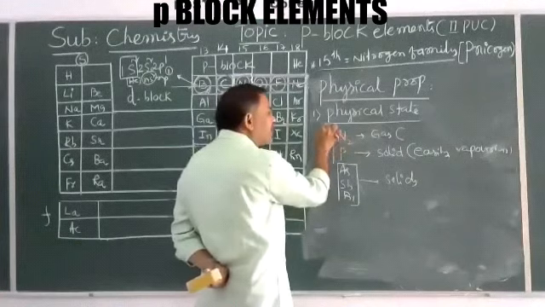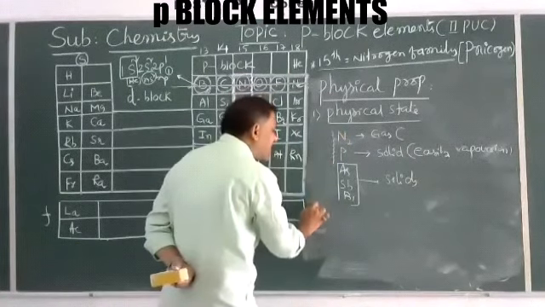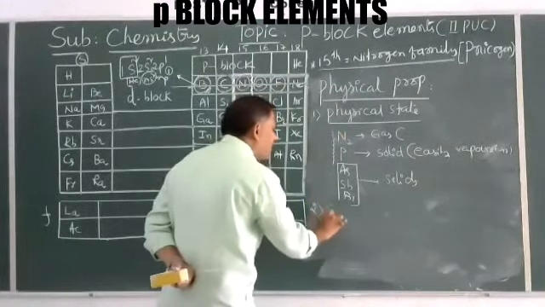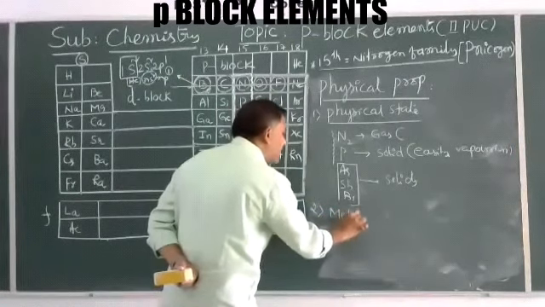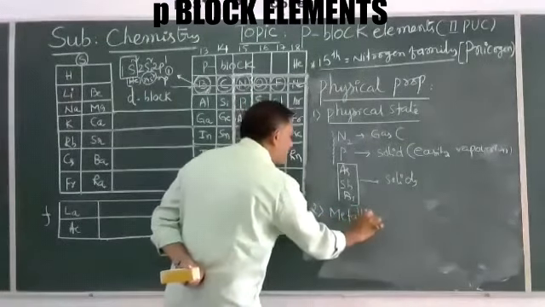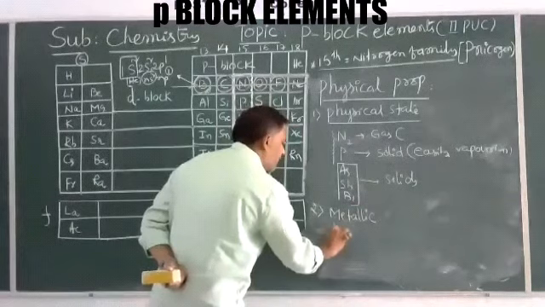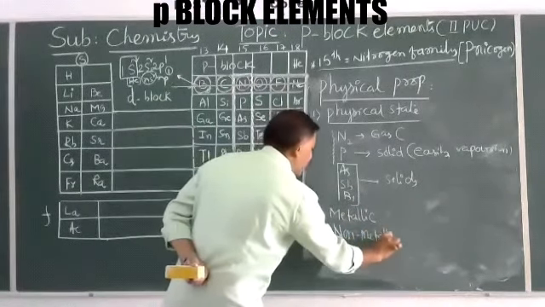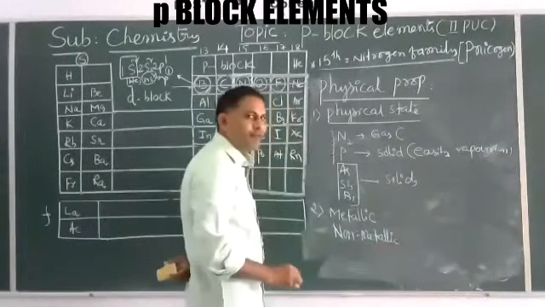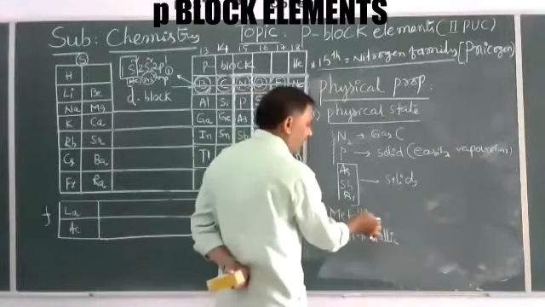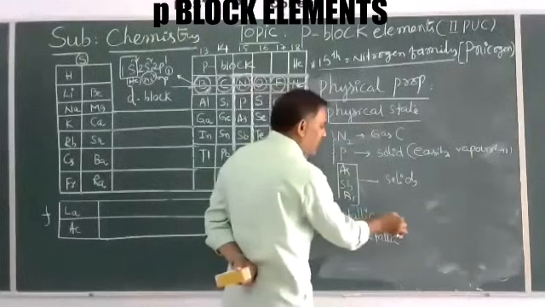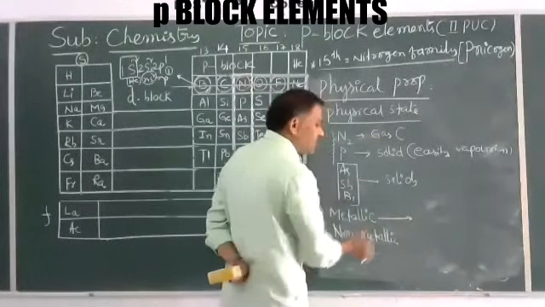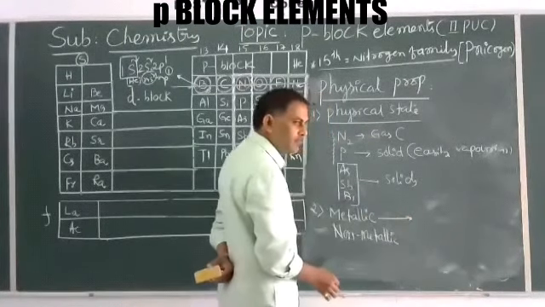Generally, once we observe the physical state, its characteristic is metallic character as well as non-metallic character. Going top to bottom in the periodic table, from first PUC, 11th standard, metallic character increases and non-metallic character decreases.